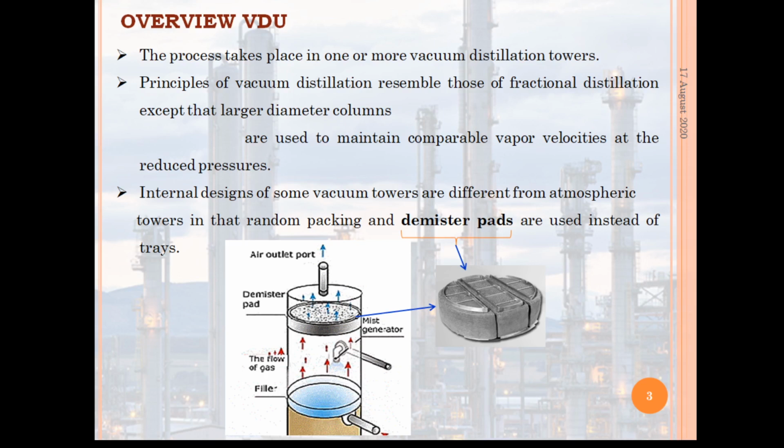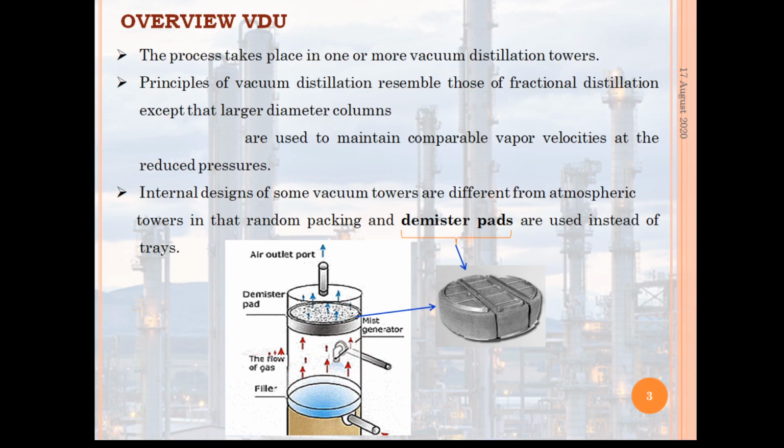Next, the internal design of some vacuum towers is different from atmospheric towers in that random packing and demister pads are used instead of trays. In the atmospheric distillation towers, somewhere we use trays, somewhere we use packing elements, and in the vacuum distillation tower we use some different types of packing.